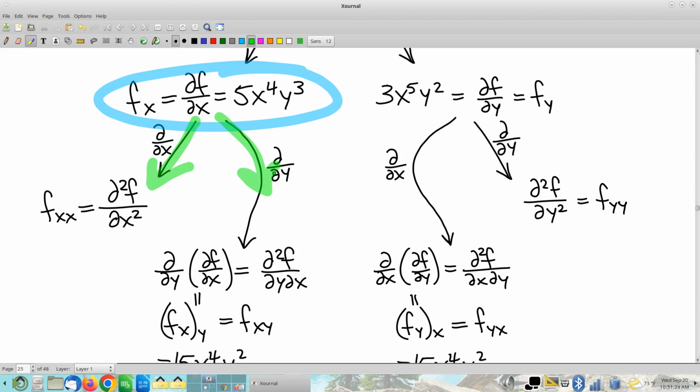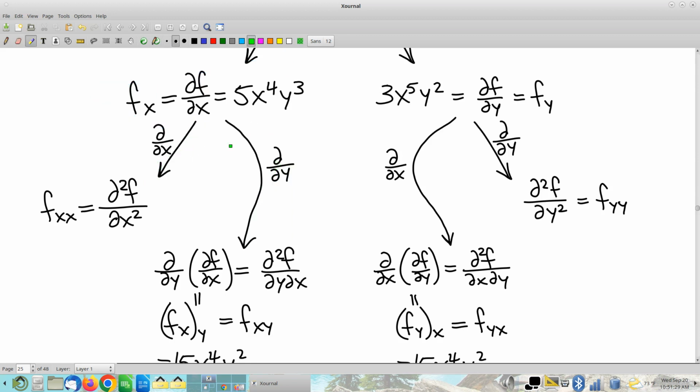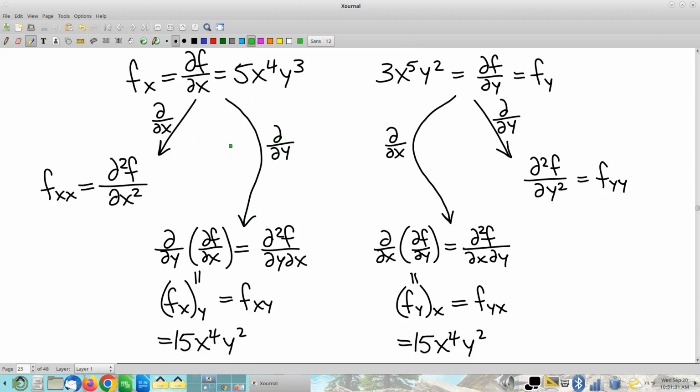All right, now there's some notation to talk about here. It's kind of annoying. It just is what it is, though. How would I write the y partial of this x partial? There's a couple of perfectly reasonable choices. We started with the partial of f with respect to x, and we're taking the y partial of it. This is our notation.